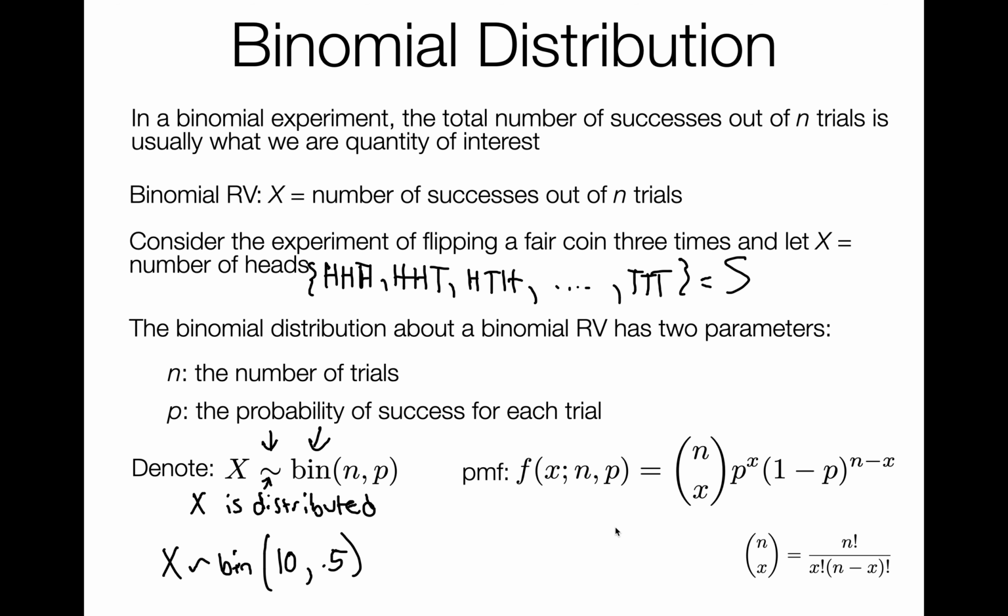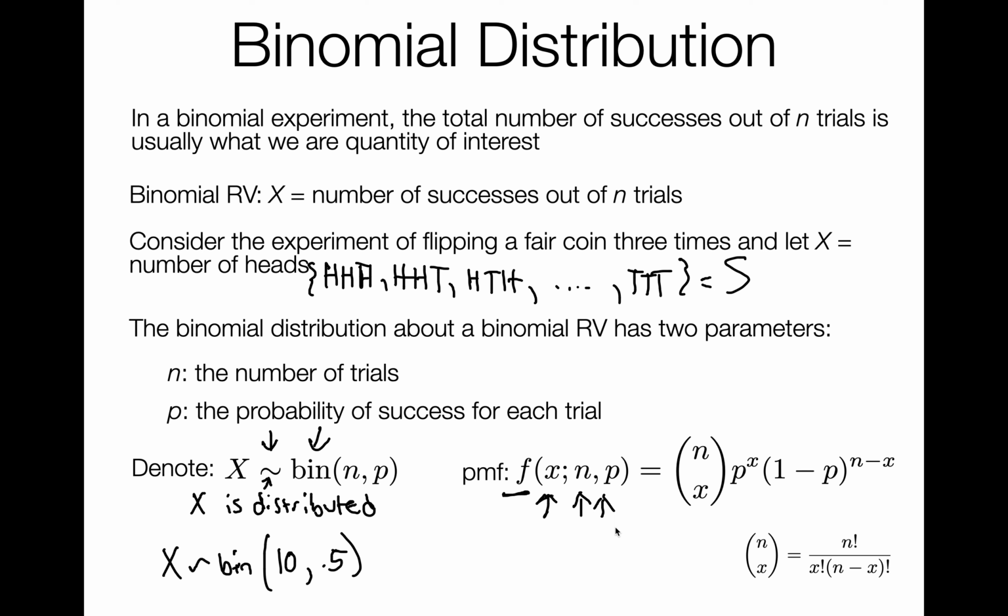For a PMF, I'm always going to use f as a function. It takes in a value x, and it also takes in the values of the parameters as well. And then the actual functional form is on the right.